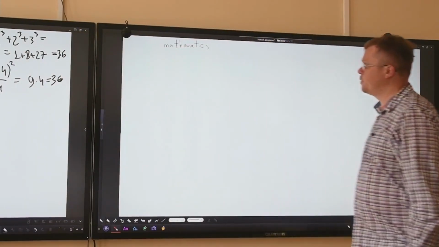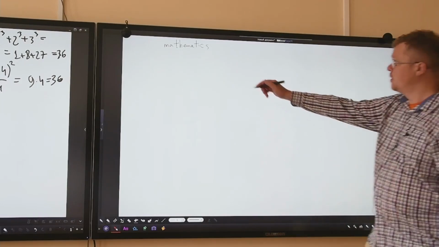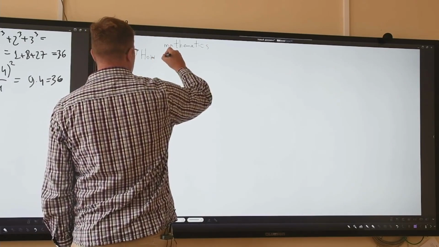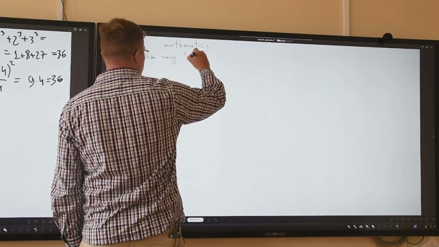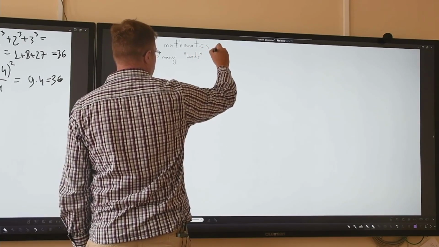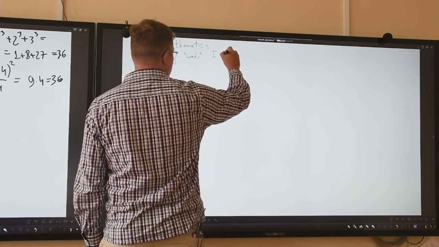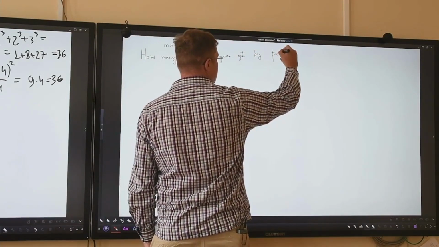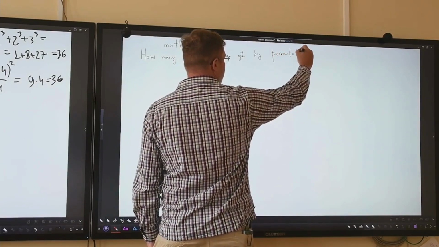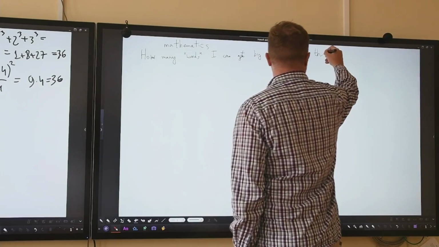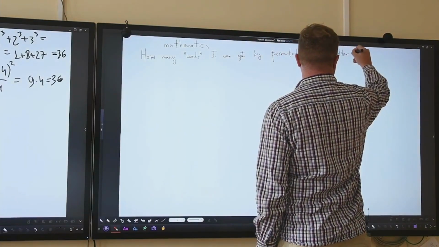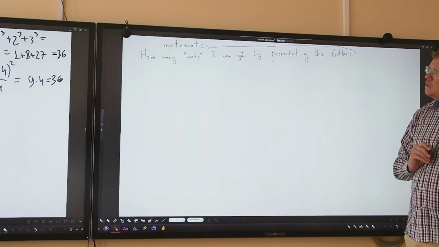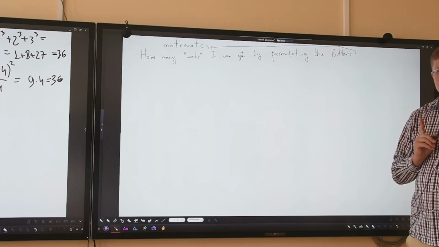So how many different words can I achieve if I permute the letters of this word? Do you know how to solve it? What is the answer?